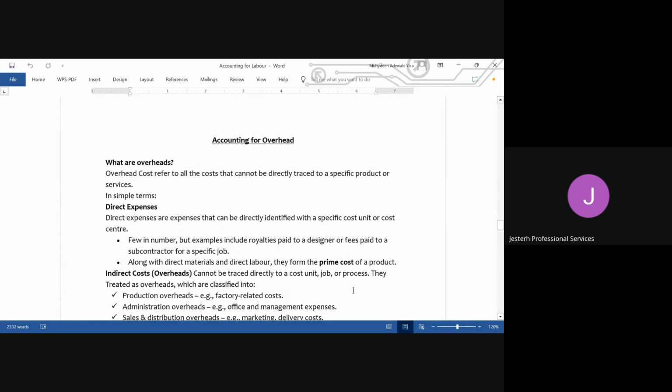Okay. Now, an overhead simply refers to the cost that cannot be directly traced to the specific products or service. Like the example that I'm giving now, the store is where you keep your productions. The rent that you paid to keep those productions is not directly related to that product or the services.